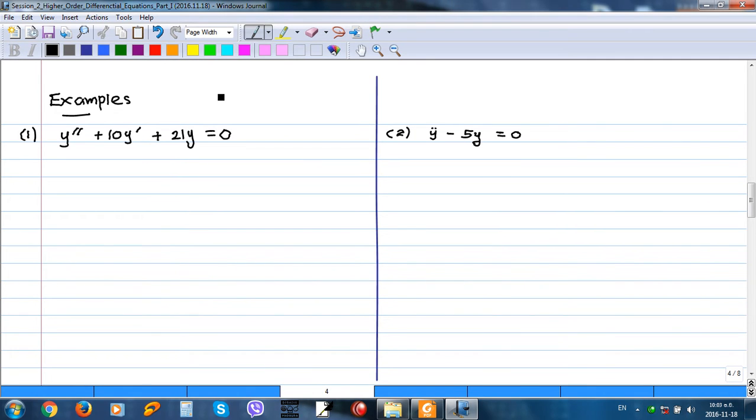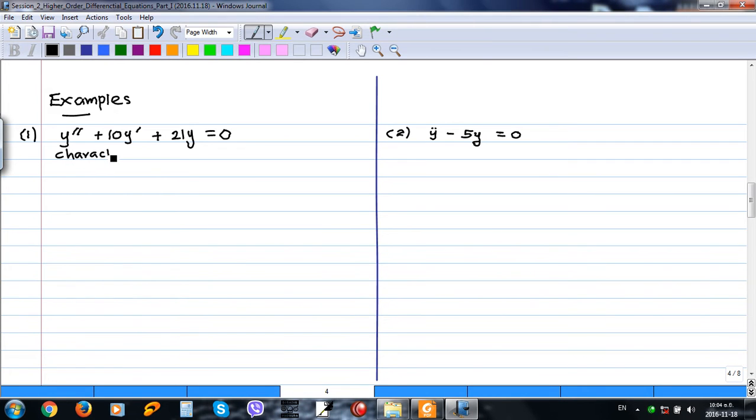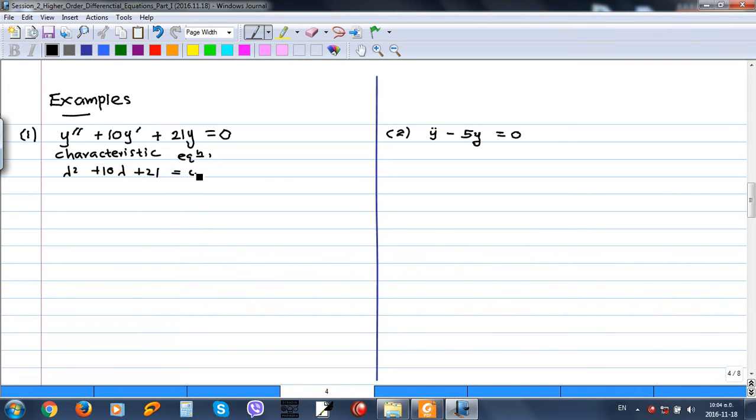So the example here is y double prime plus 10 times y prime plus 21 y equals 0. The first step is to write the characteristic equation: lambda squared plus 10 lambda plus 21 equals 0.